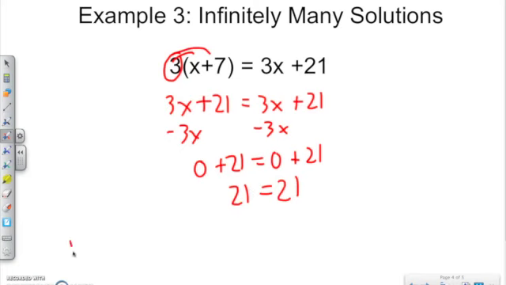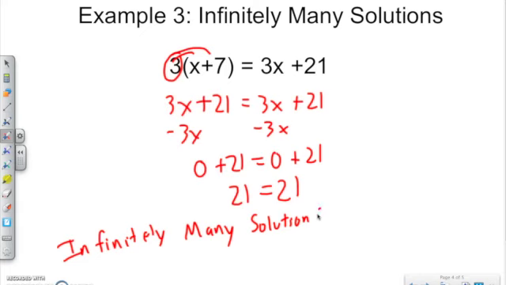So the way that we labeled this situation is infinitely many solutions. You might also sometimes see this written as all real numbers. You might see either one of these on a multiple choice test or in an answer key.